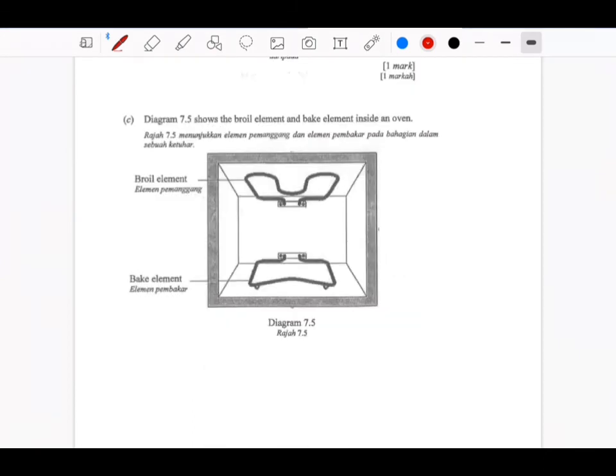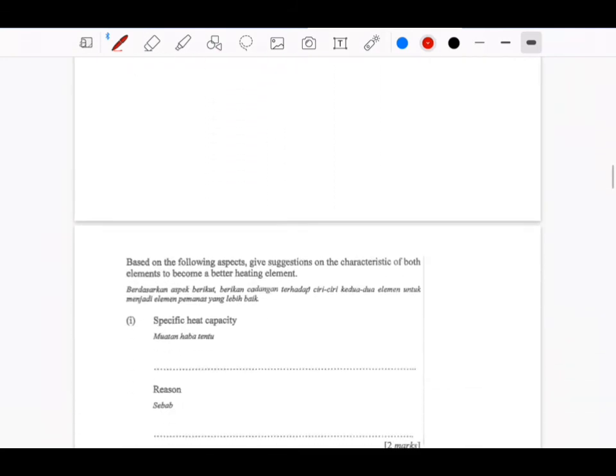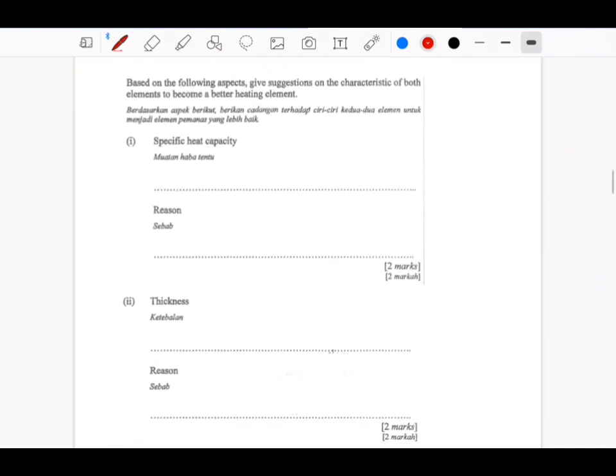See the diagram showing the boiler element and baking element inside the oven. Based on the following aspects, give the suggestions on the characteristics of both elements to become a better heating element. So number 1, the specific heat capacity.